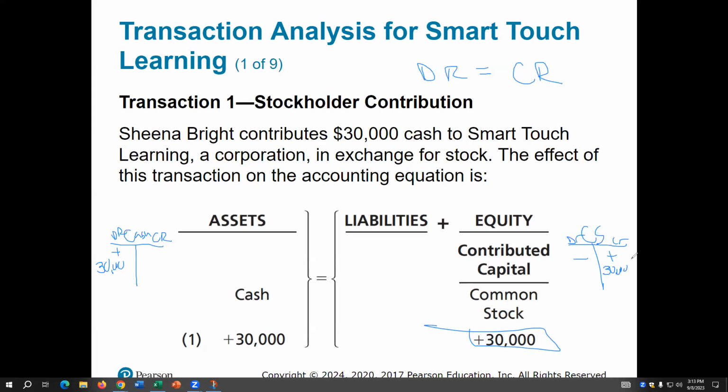And voila, our debits in this transaction equal our credits. We've increased our common stock account, we've increased our asset account, and we can state that then on a financial statement by just saying our assets equal $30,000 and our equity equals $30,000 after this transaction. Make sense? Sort of? Okay.